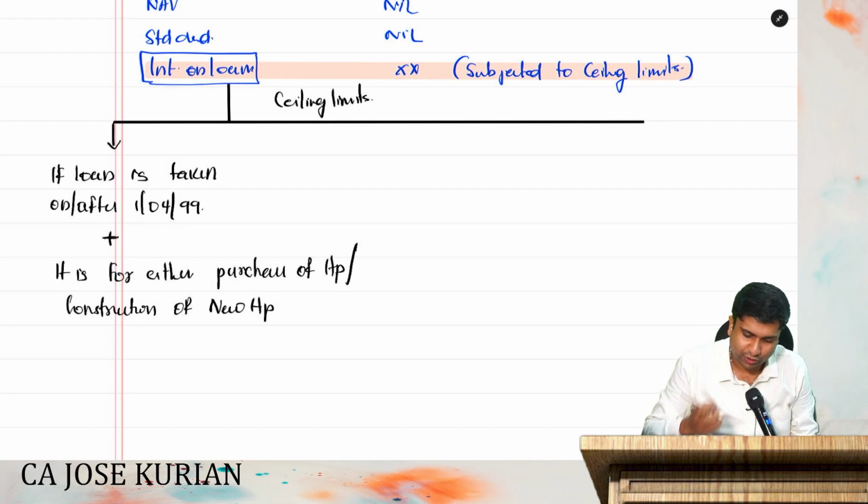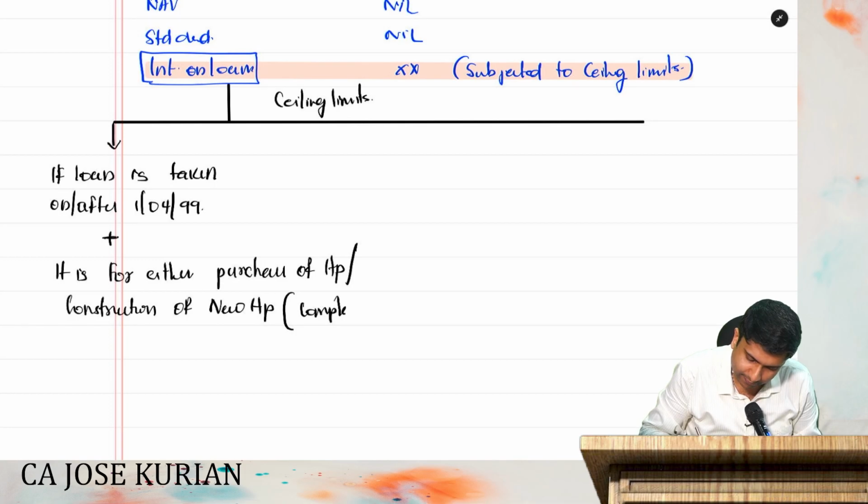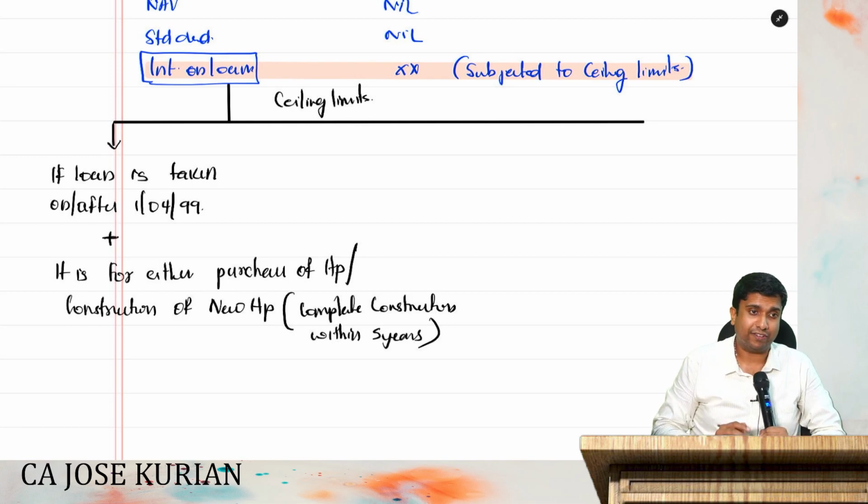In the case of construction, there is one more condition: you have to complete construction within 5 years. In the case of purchase, there is no time limit because purchase does not require any time to complete.